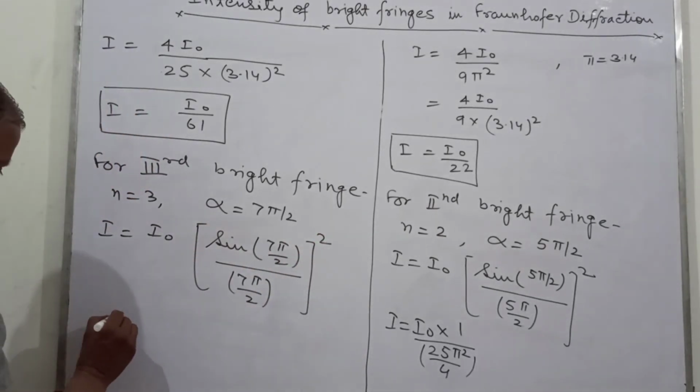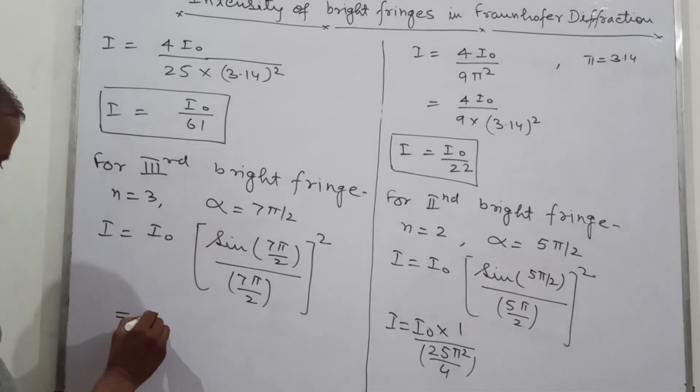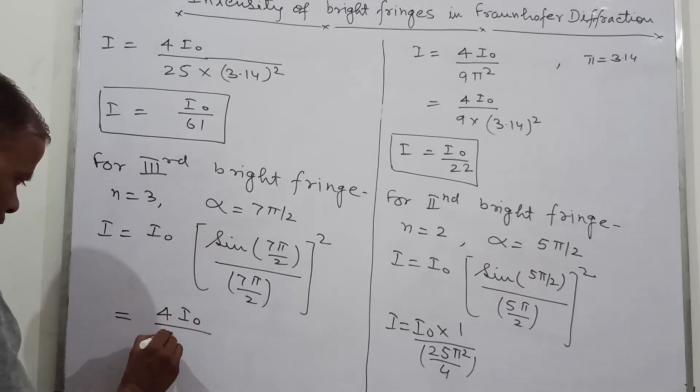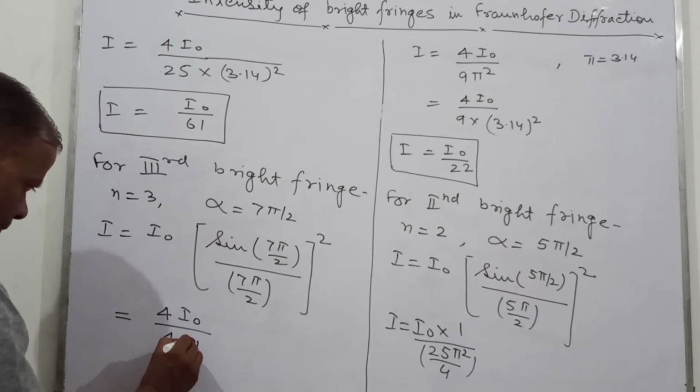Then this will be equal to 1, so now I write down this 4 I naught upon 49 pi square.